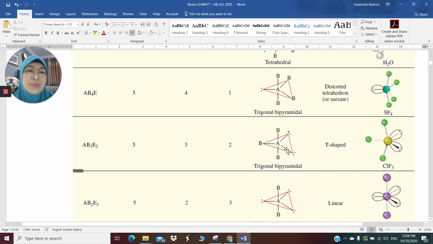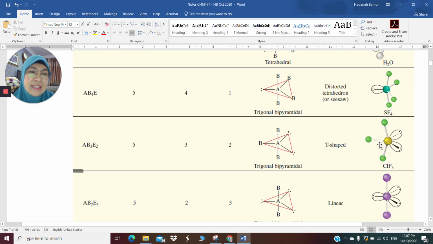The two lone pairs here will be pushing the three ClF bonds far away from themselves, and this bond angle is a lot less than 90 degrees.